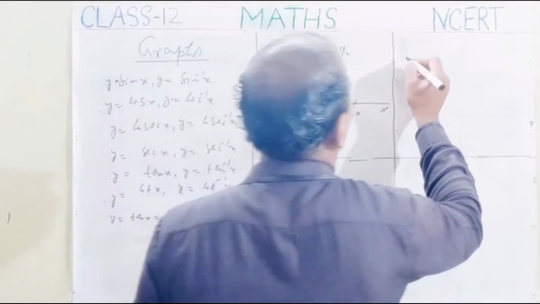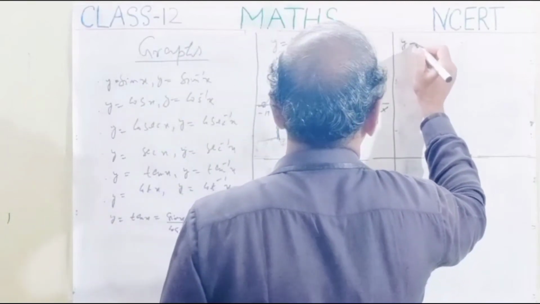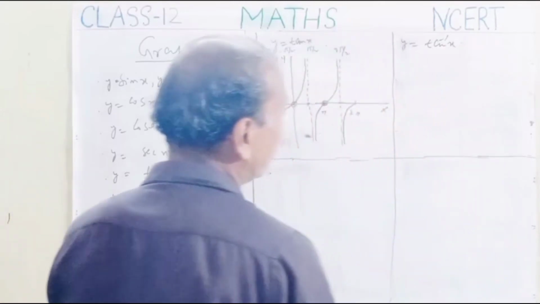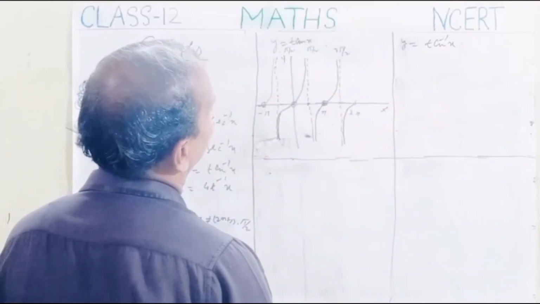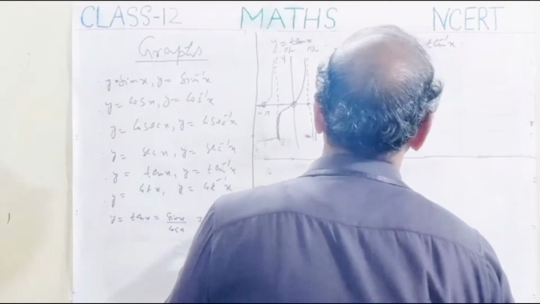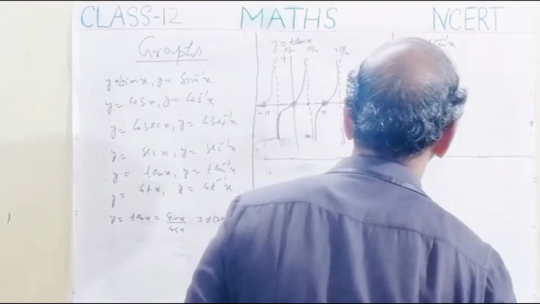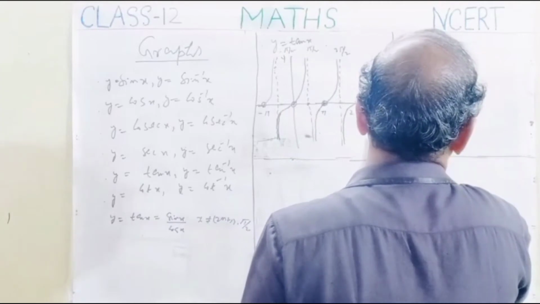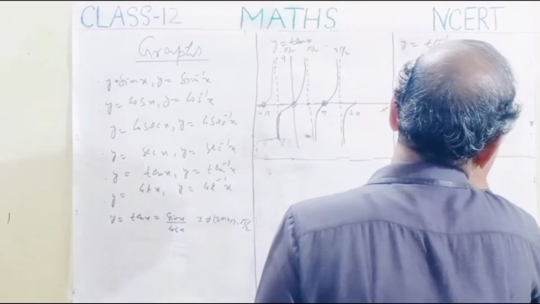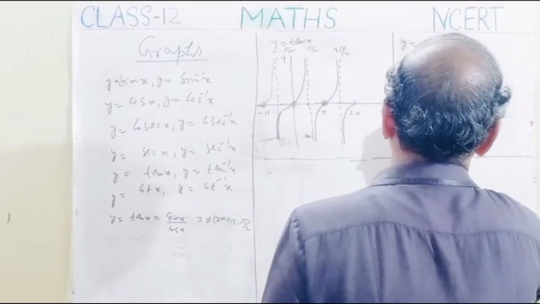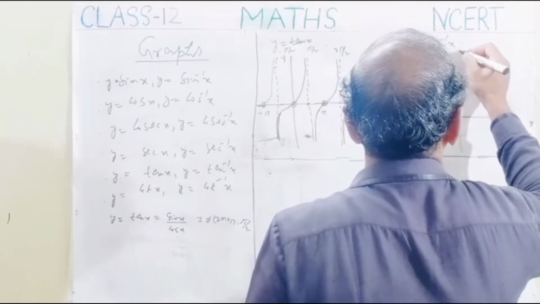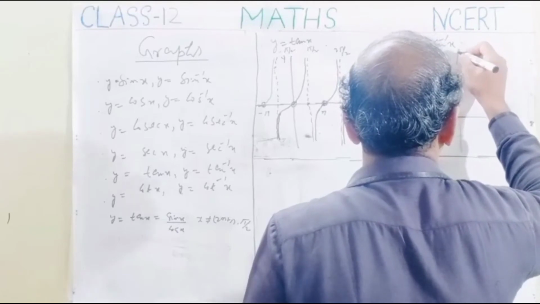Now the next one is y is equal to tan inverse x. For tan inverse x, I change only the axis. This is the x-axis, and let's suppose this one is your y-axis.